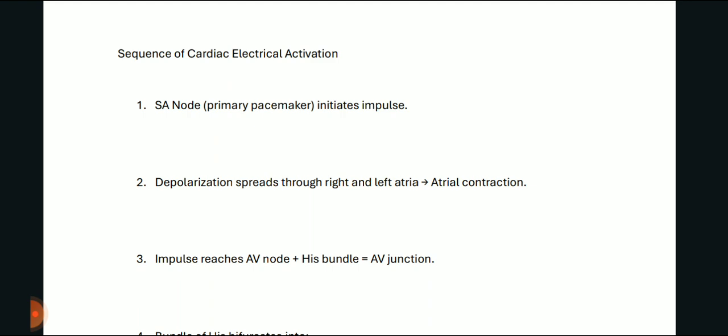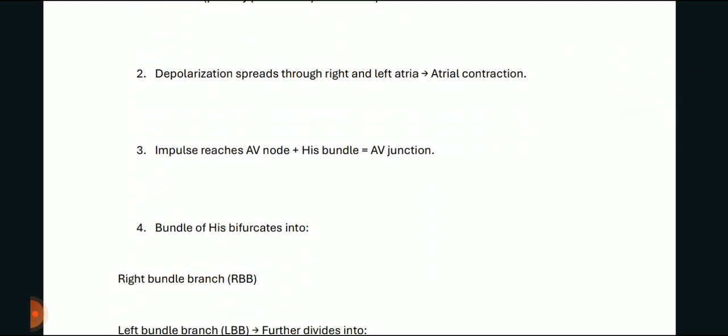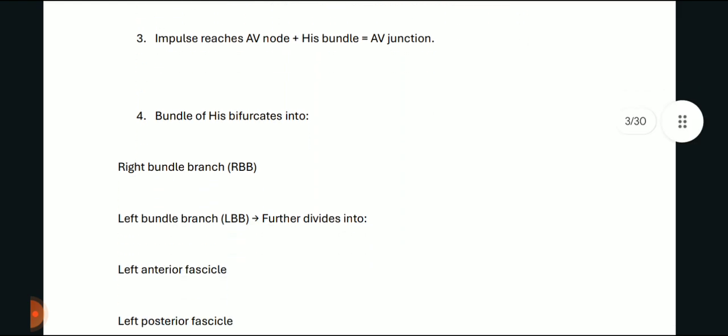The sequence of cardiac electrical activation: firstly, the SA node gets activated. It's the primary pacemaker and initiates an impulse. Then depolarization spreads through the right and left atria, causing atrial contraction. The impulse reaches the AV node and the bundle of His at the atrioventricular junction, and the bundle of His bifurcates into the right bundle branch and the left bundle branch. The right bundle branch goes to the right side of the heart.